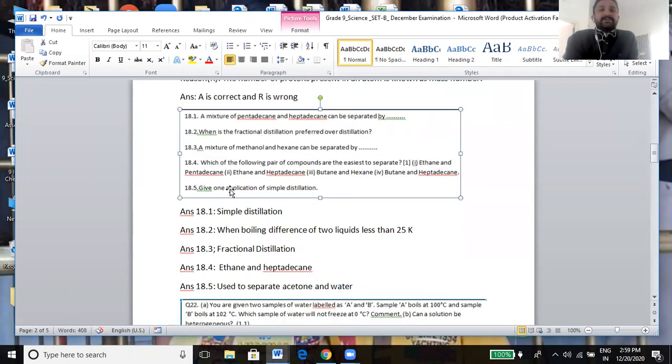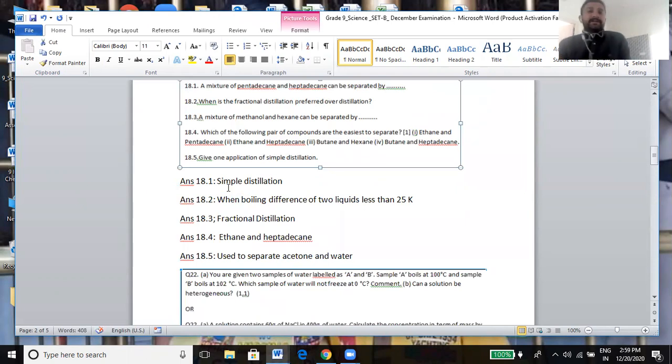Next is a mixture of pentadecane and heptadecane. अगर हम लोग उनकी जो टेबल्स दिए हैं उनके बेस पे देखें, the difference between the boiling points of pentadecane and heptadecane is more than 25 K. That's why we are taking simple distillation. When is fractional distillation preferred over simple distillation?